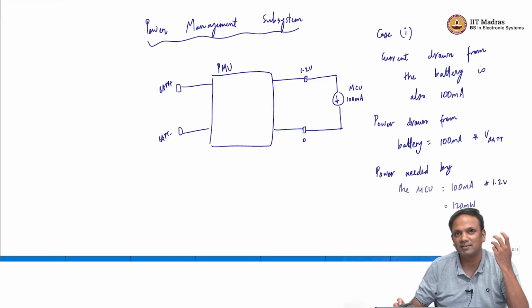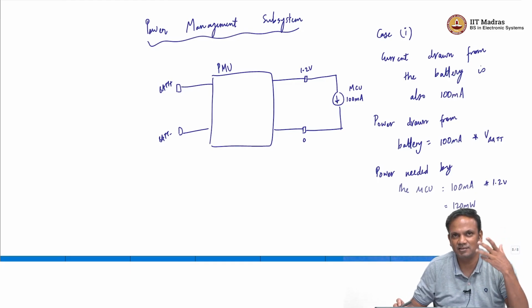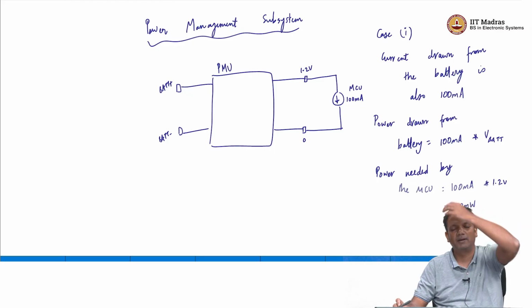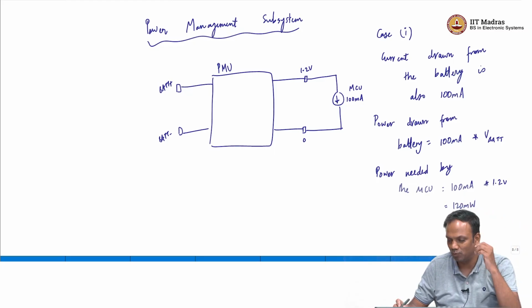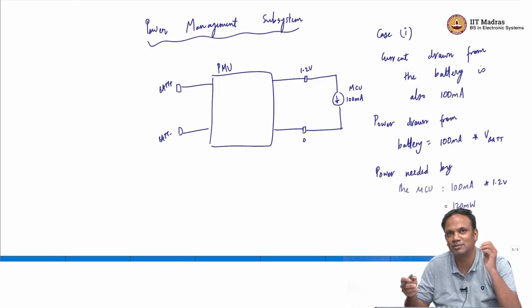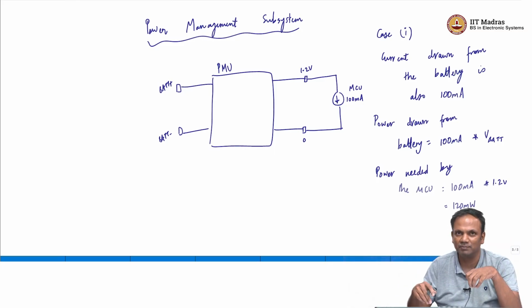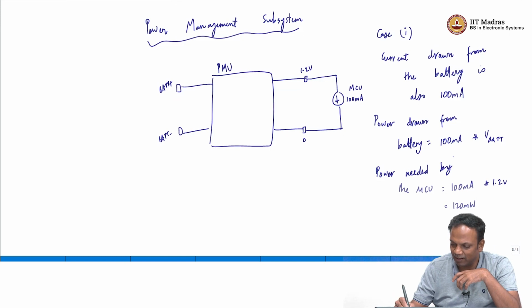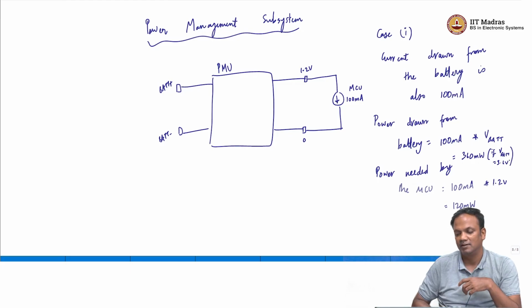Now, VBAT, when the battery is fully charged, if you use a lithium polymer battery, could be 4.2 volt. So, let us, for ease of numbers, assume that when I did this measurement, VBAT was 3.6 volt, right. So, when VBAT is 3.6 volt, this will be 360 milliwatt.